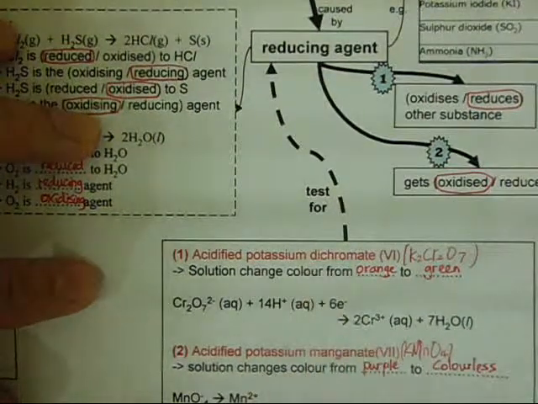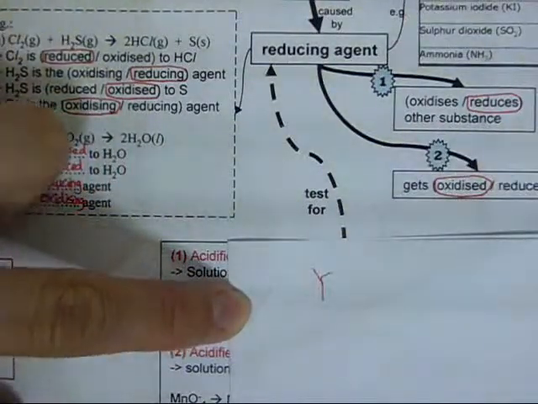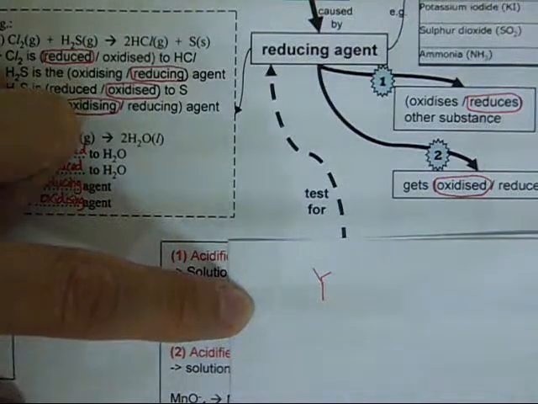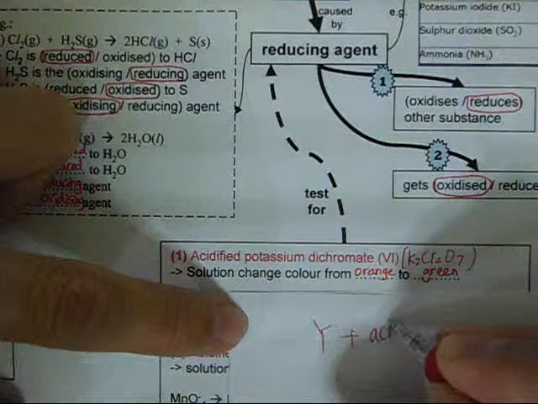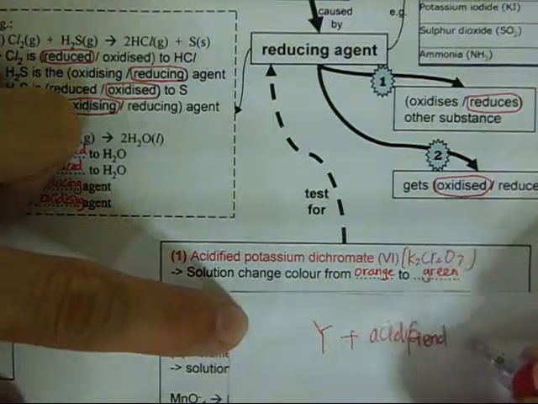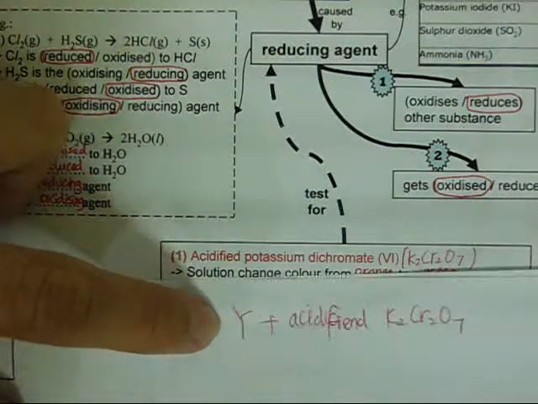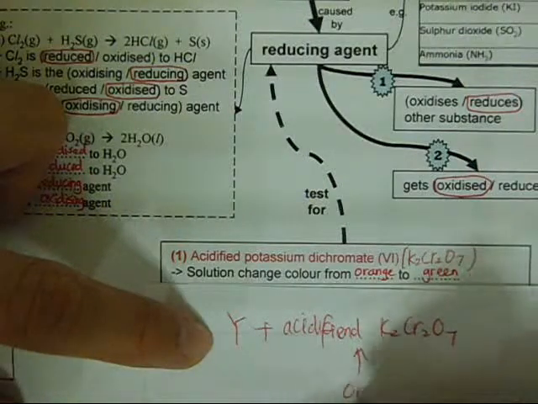So likewise, if you have an unknown chemical called Y and you want to test whether it is a reducing agent or not, you add acidified potassium dichromate 6, and this acidified potassium dichromate 6 is actually orange.